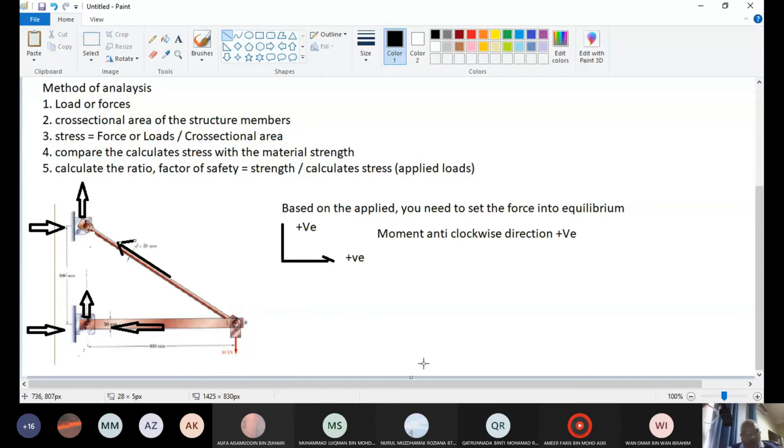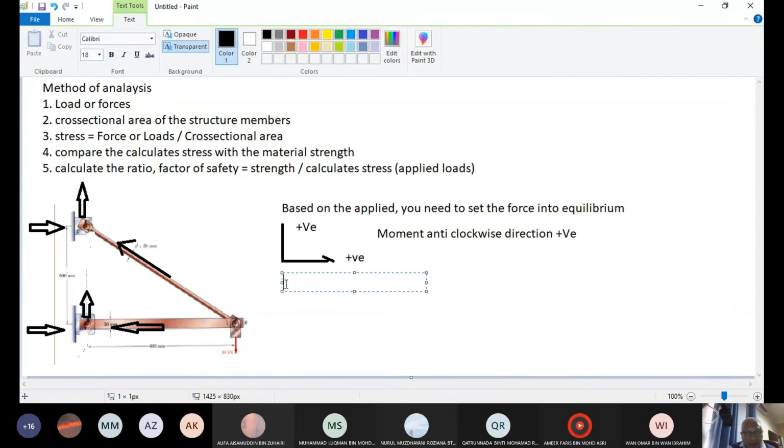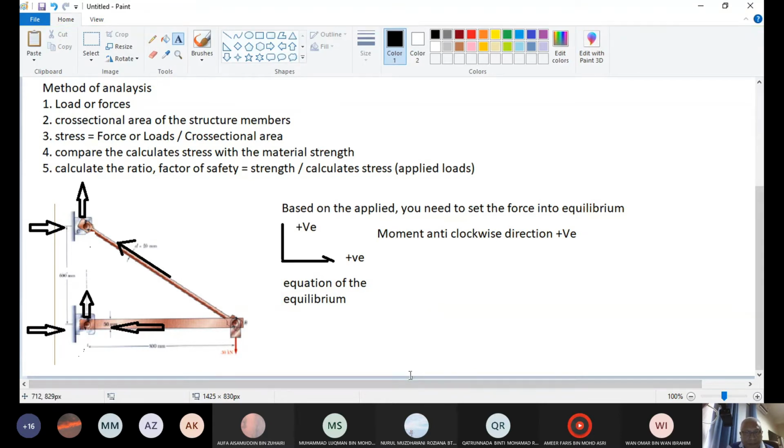Okay. Now you have to get the equation of equilibrium.